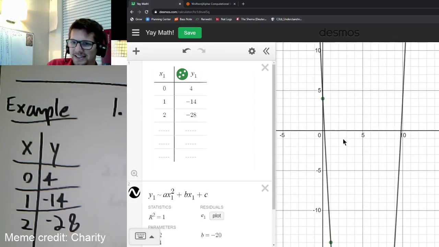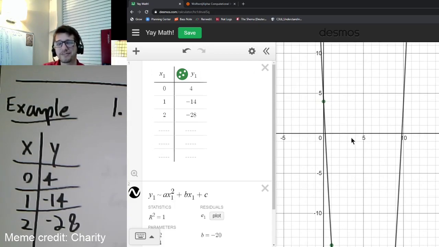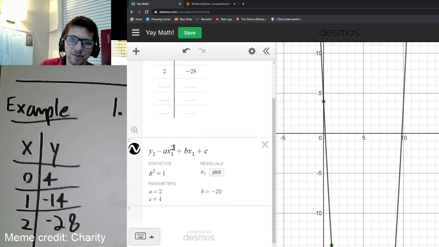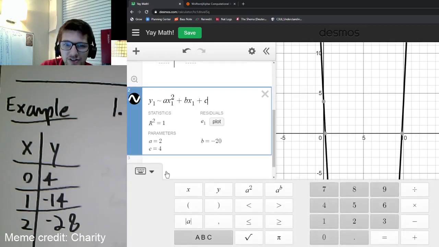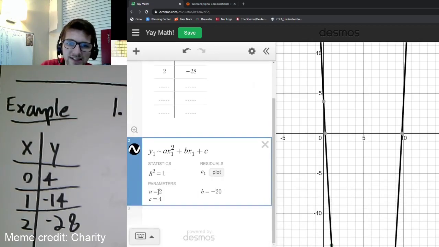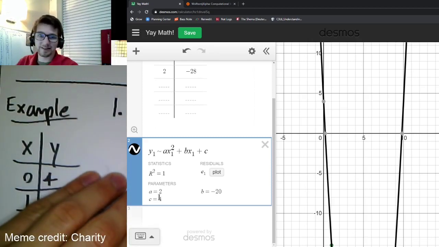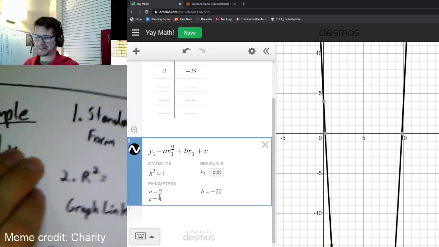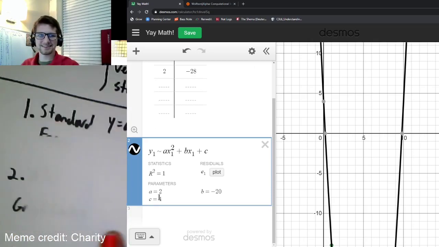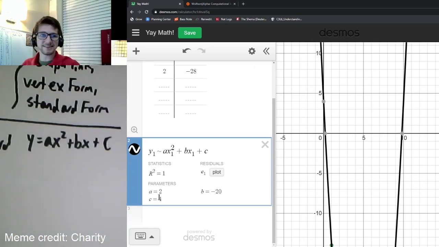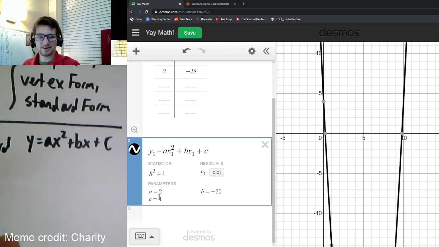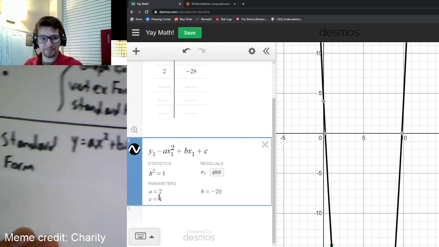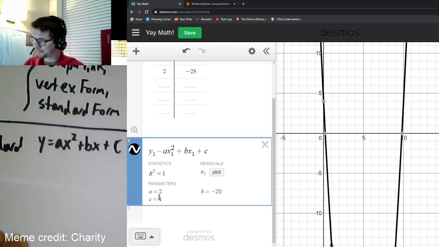So the first thing is asking me for my equation. How do I find my equation from this? Well, if you scroll down, it gives us R squared, but it also gives us A, B, and C. In other words, for standard form, all I really have to do is plug those three numbers in from Desmos.